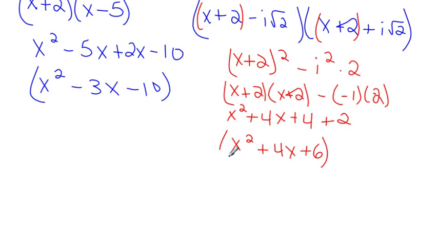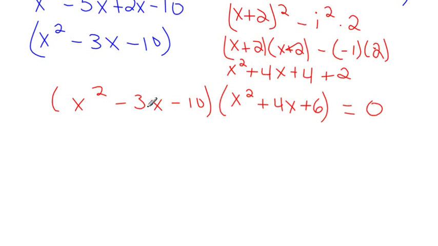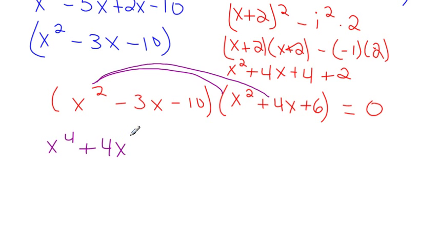And now we're going to take that part and multiply it with our x squared minus 3x minus 10. And of course, all this still equals 0. So now we're going to go ahead and expand this out. This will be pretty much the last thing we need to do here. Multiply all our terms. So I'm just going to go across here. x squared times x squared, x to the 4th, x squared times 4x plus 4x to the 3rd, x squared times 6 plus 6x squared.